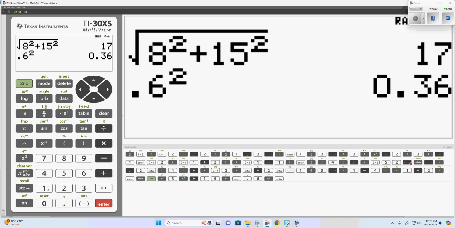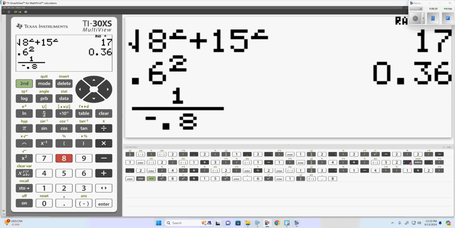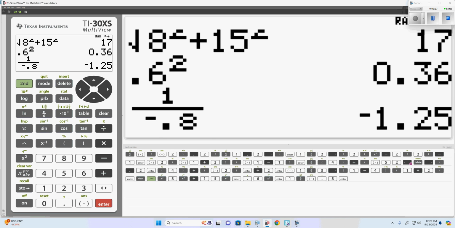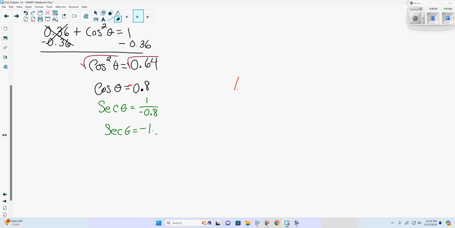In the calculator, we can do 1 over negative 0.8, which is negative 1.25. So we have cosine. We now have secant.